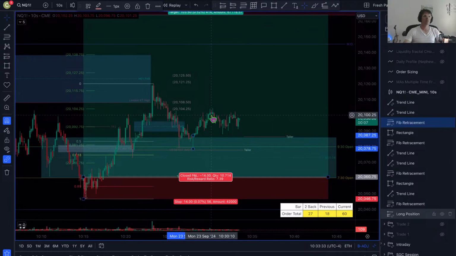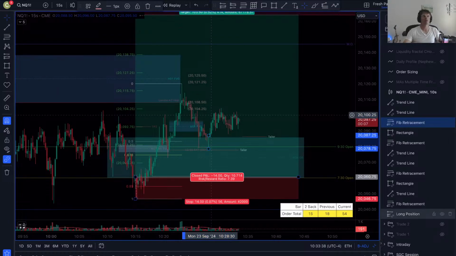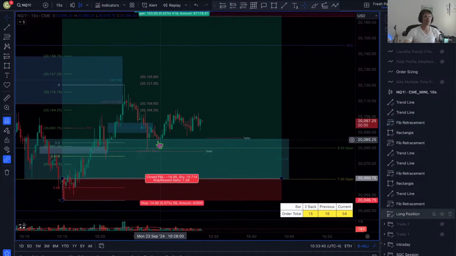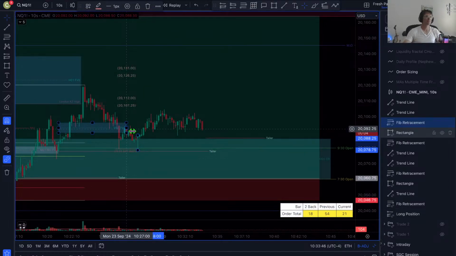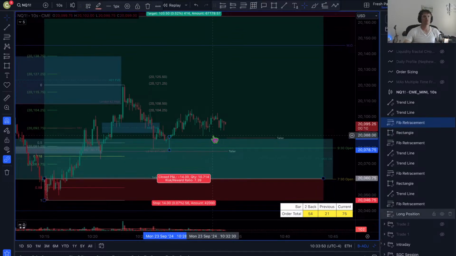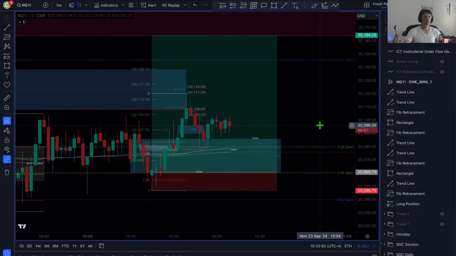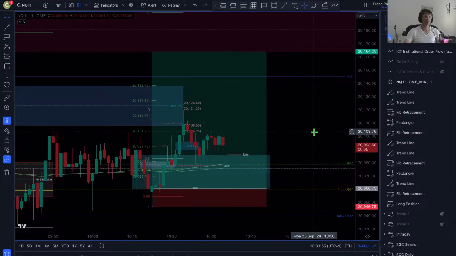It did meet it if you just used the 10-second candle. I wonder what the 15-second looks like. It's similar. If you use the 15-second candle, it hasn't. So it's possible that's all it has off that. It might come back down and liquidate again.